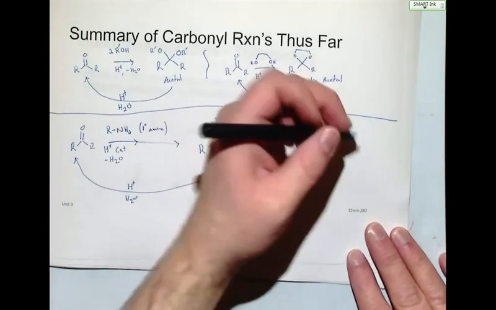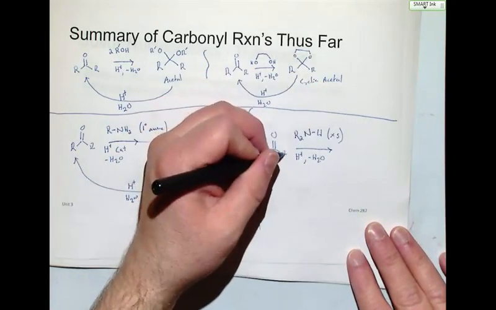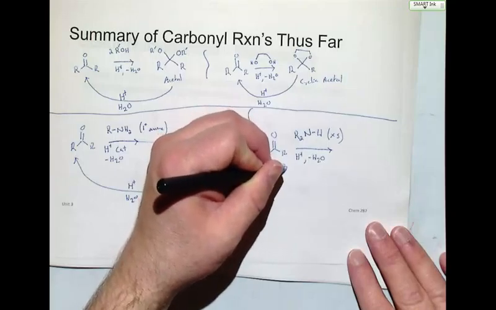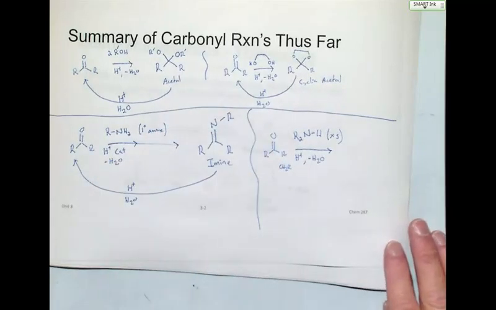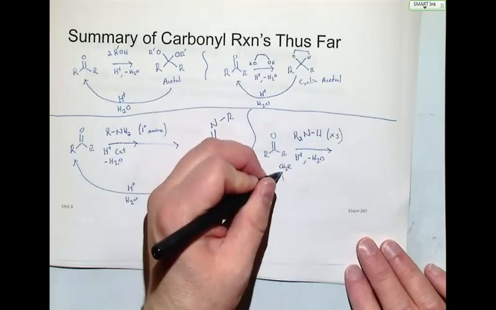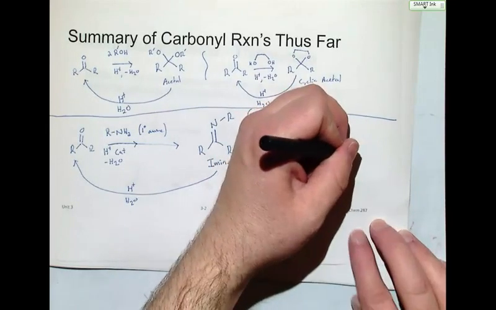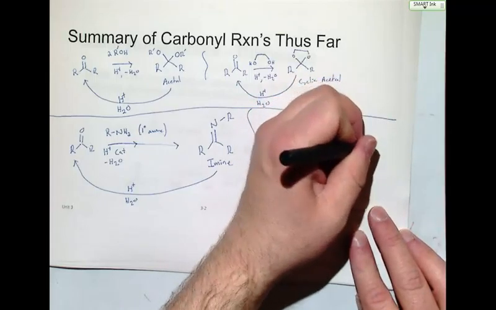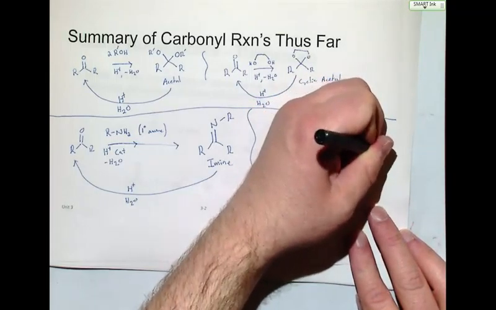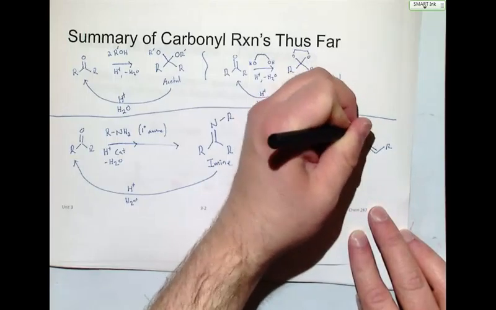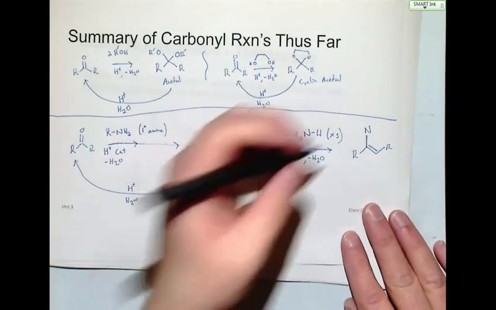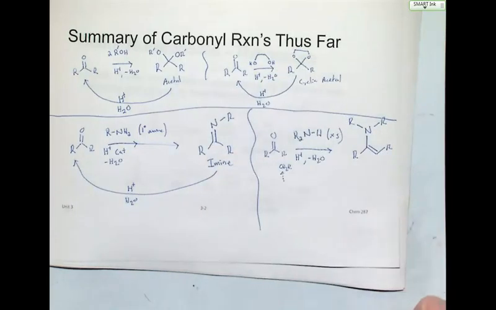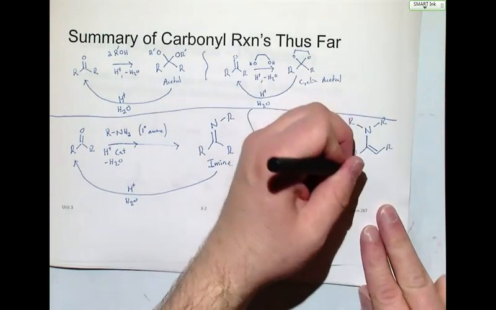This is where you form an enamine. Now I probably should have put, other than an R group here, a CH2R, because we're going to deprotonate that alpha proton, and we'll get something that looks like that. This is an enamine.